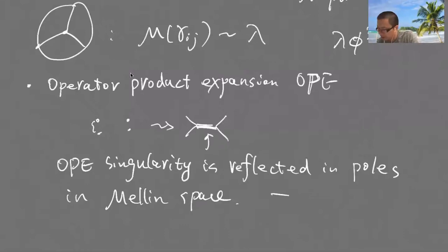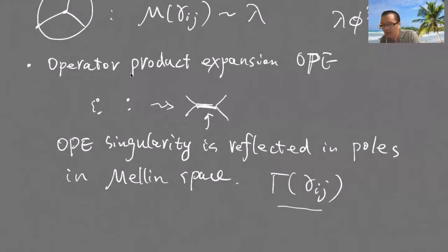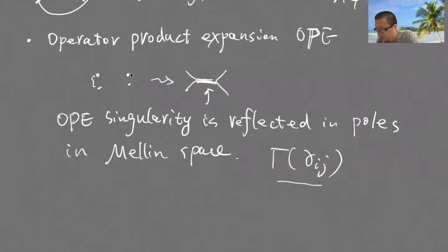Of course, the gamma function has poles, but those poles are more or less trivial poles, and in fact they represent the exchange of so-called double trace operators.